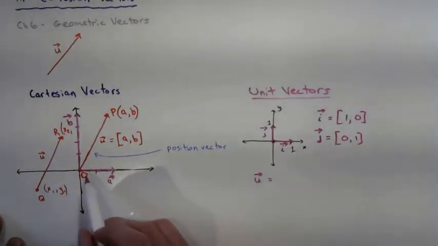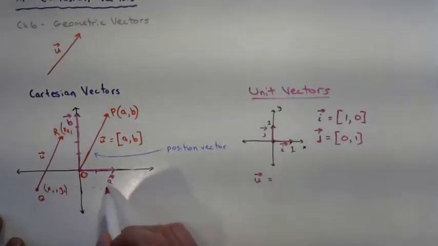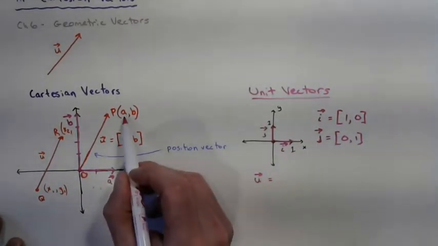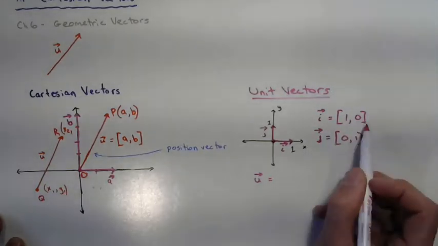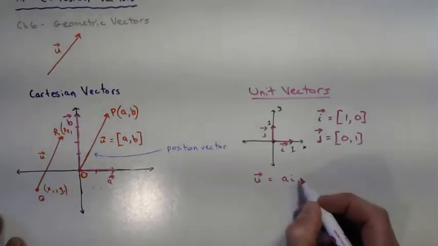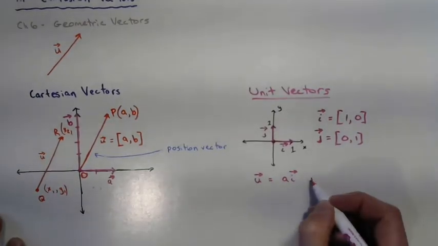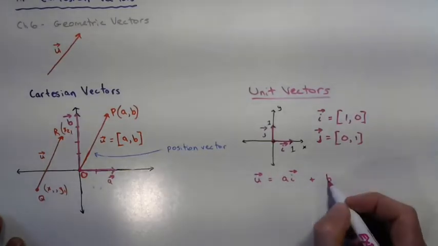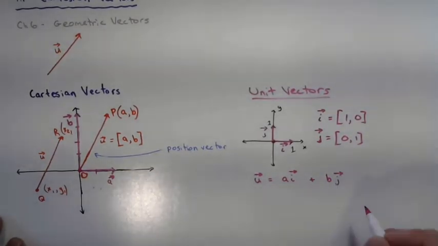But whatever it is, this length is the value of A times vector I. So this is AI, where I is a vector, plus B times J.